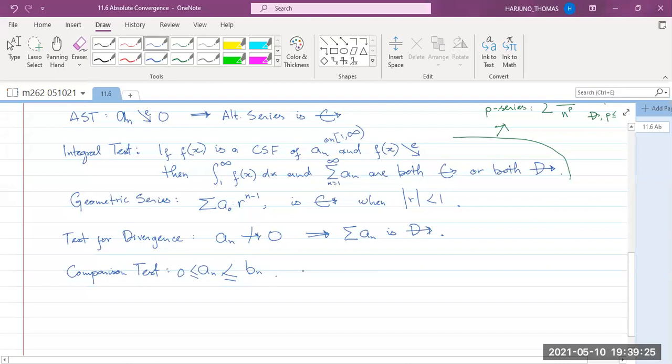Part A: if the series of b sub n is convergent, then the one in between, the series of A sub n, must be convergent. However, if the series of A sub n is divergent, then the bigger series, the greater series, will be divergent. Limit comparison test.